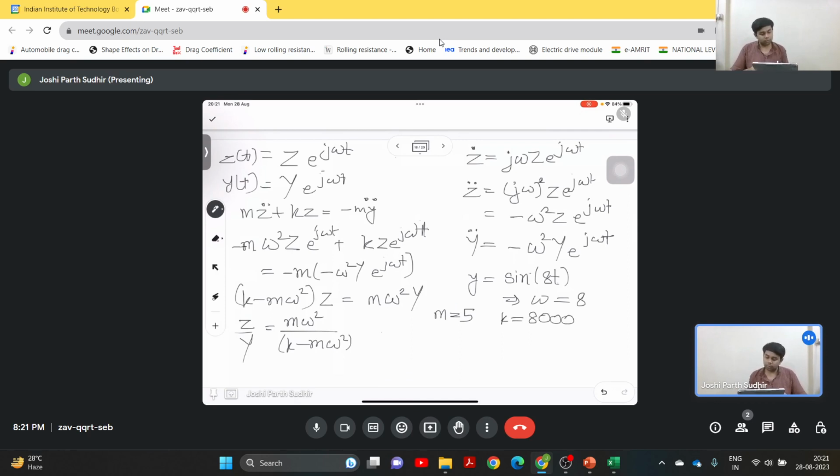So if we substitute this, we get Z by Y is 5 into 8 square upon 8000 minus 5 into 8 square.